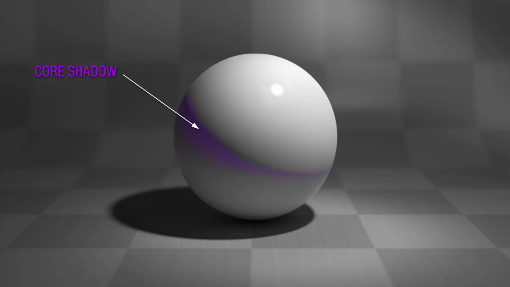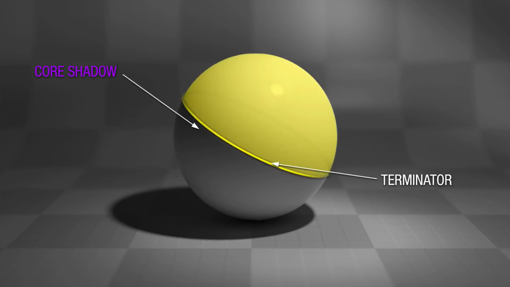I said at the beginning of the video that many people confuse the terminator with the core shadow. Can you see why? They're kind of in the same area. But the terminator is where form light meets form shadow. The core shadow is created by the reflected light.